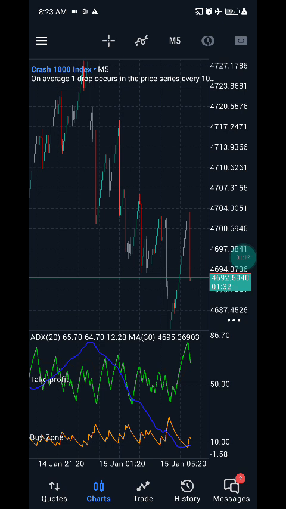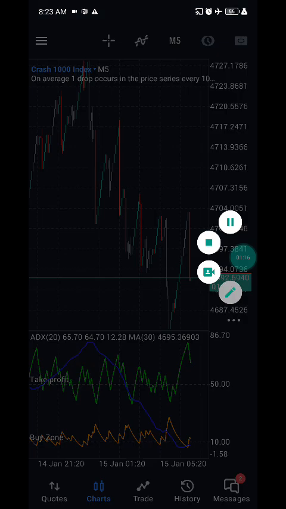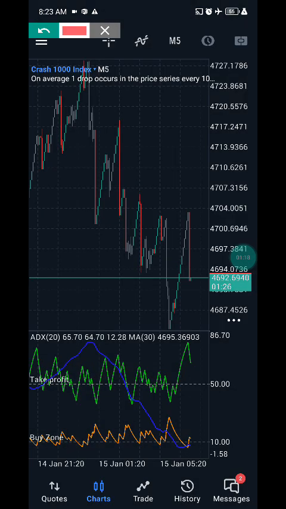So this is Crash 1000 5 minute time frame. What we are going to be doing is very simple. All you need is to watch to the end of this video, because I'm going to share the setup of this particular strategy. So we have this average indicator here, which is this, and the yellow line also, and we have one moving average inside, which is this blue line.